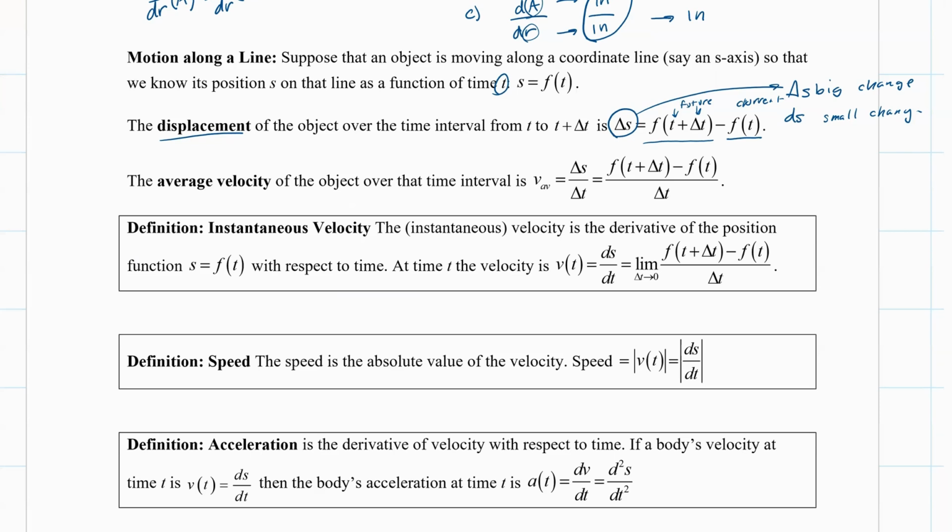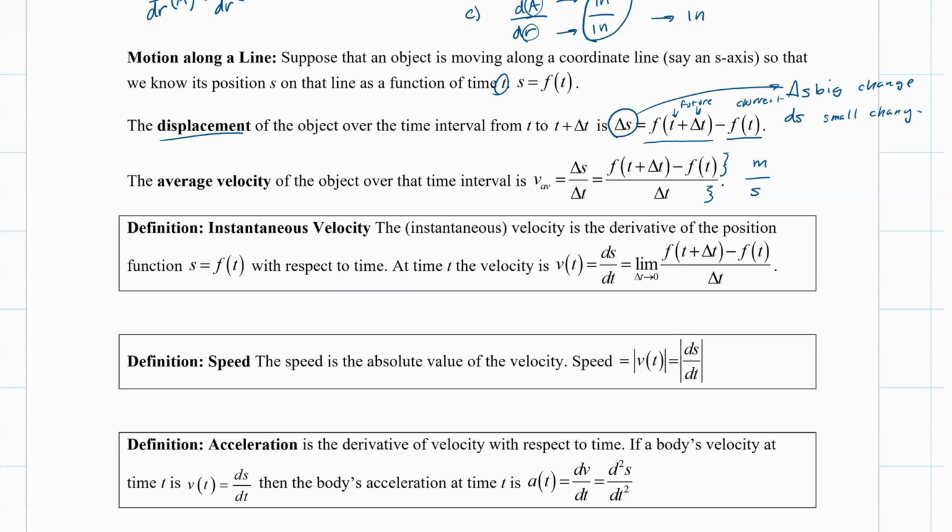The average velocity of that object is how much displacement there is per how much time has passed. If position is measured in meters and time in seconds, then delta s over delta t is meters per second, for example. And we talk about that as being an average velocity or an average rate of change, like we mentioned earlier in this lecture.